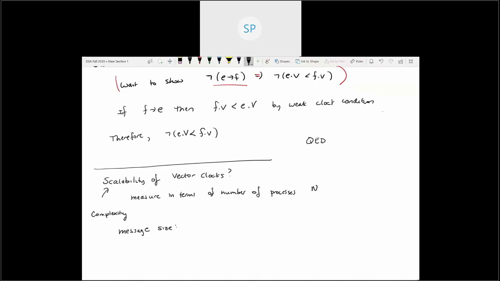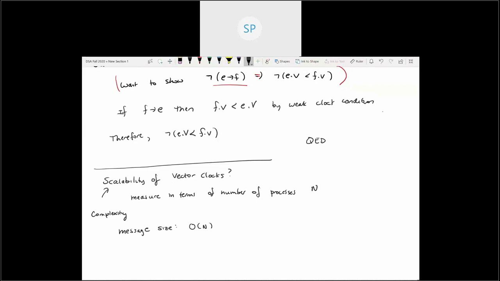Okay, so we just care about message size, and I'll come back to your question, Anna, for sure. So our message size has n things in it, n numbers, right?